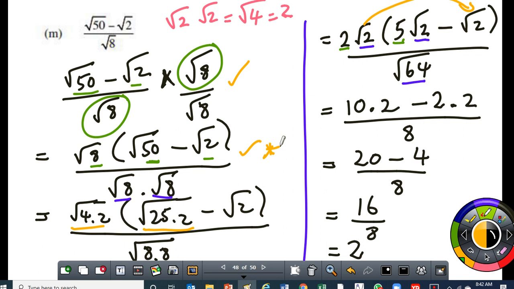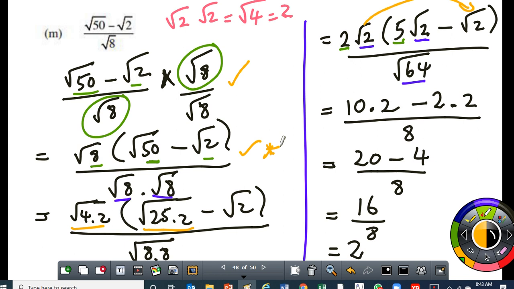So the basic idea is, when you are simplifying surds that are dividing each other, you need to make sure that the denominator is an integer. Remember, your surds are irrational numbers.